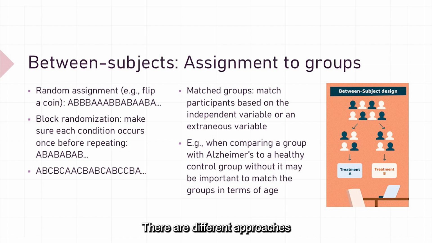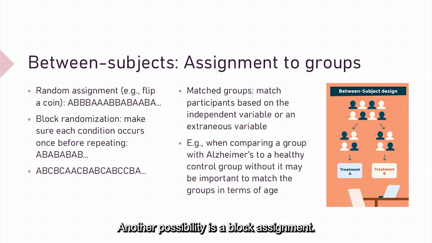There are different approaches we can use for random assignment. For example, we can flip a coin, or more realistically, just use a random number generator to assign a participant. In this case, blind faith would decide in which condition this participant would participate.